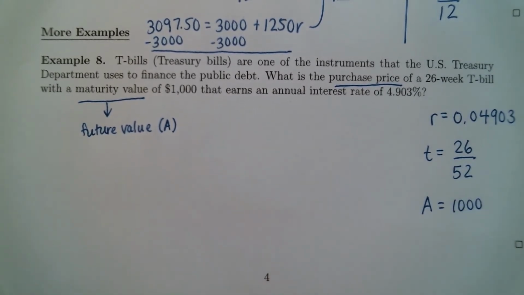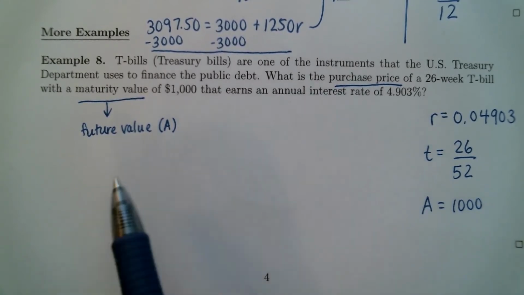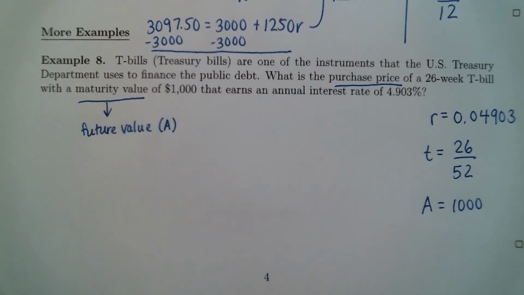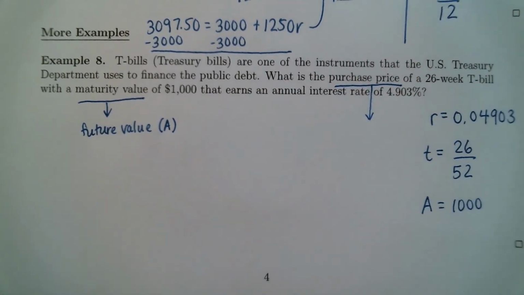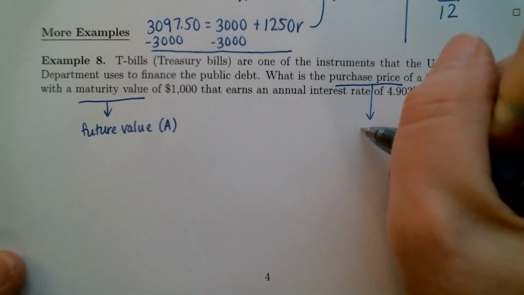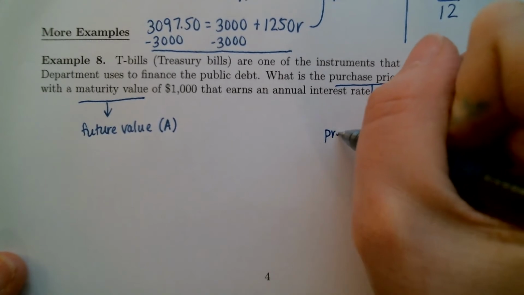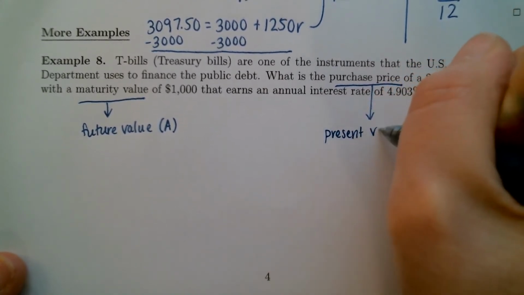The question is asking what is the purchase price of the T-bill if you want it to mature to be $1,000. You buy this thing for some price and then it's going to grow or mature to a future value of $1,000. So this is actually your present value, how much you purchase it for.